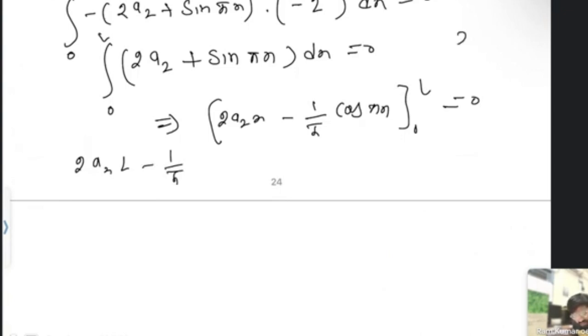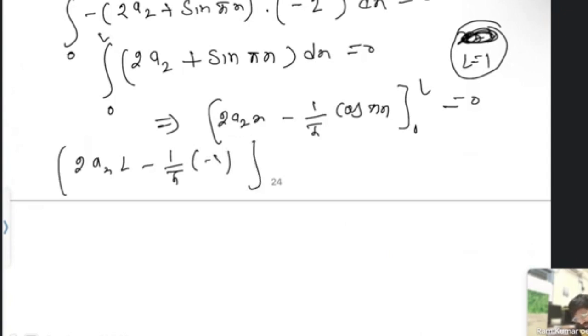We are having x equal to 0 and L equal to 1, so cos pi we are having as minus 1. That's fine. Then minus 0 minus 1 by pi equal to 0.